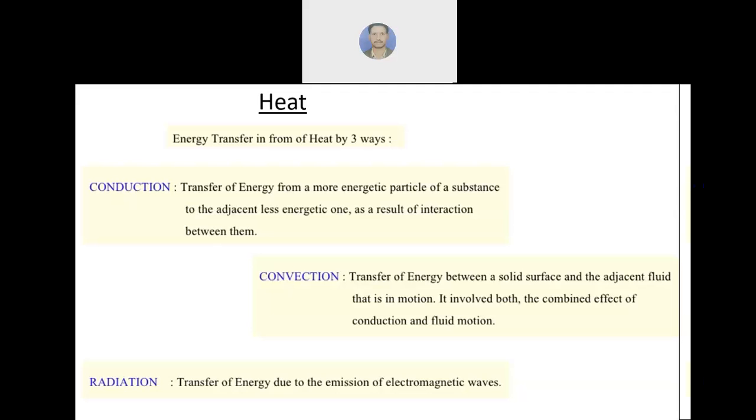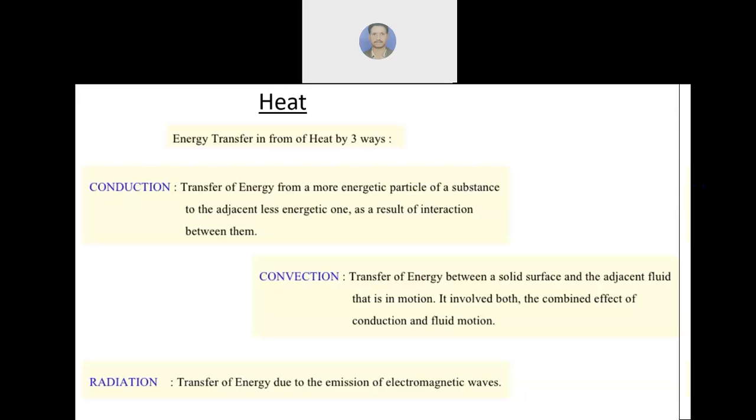Whenever there is energy transfer between the ground or table and the water, that is through convection. Whenever there is energy transfer between a solid surface and an adjacent fluid in motion, it is heat transfer through convection. There will be conduction also, but a very small amount. The major part will be convection, because of the fluid motion in contact with the solid surface.